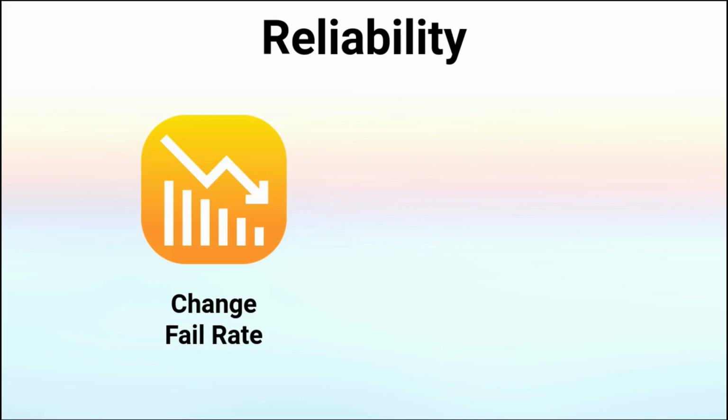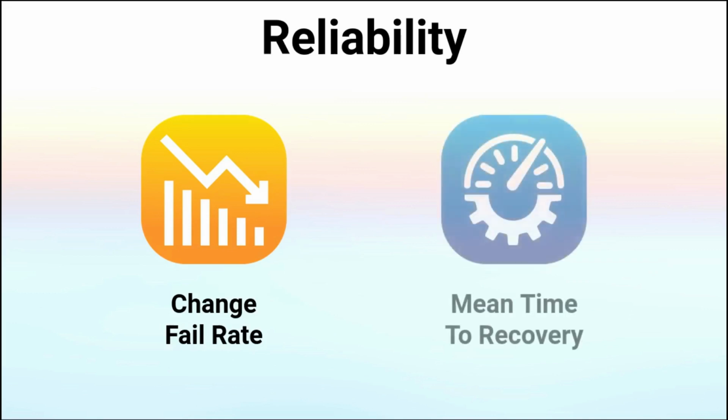Tracking and reporting on change failure rates isn't only important for identifying and fixing bugs, but to ensure that new code releases meet security requirements. The last metric that I want to highlight is mean time to recovery, or MTTR, which measures how long it takes to recover from a partial service interruption or total failure.